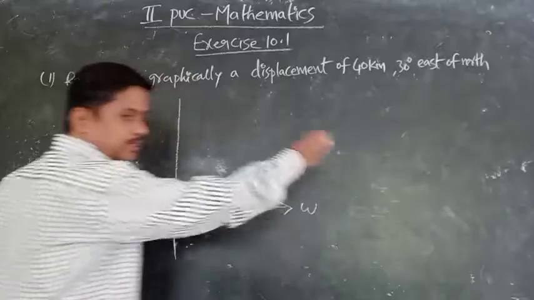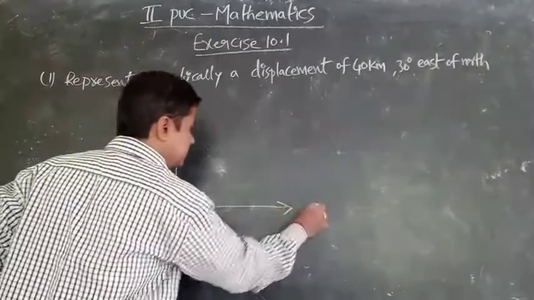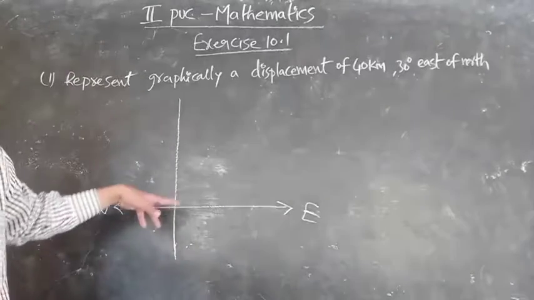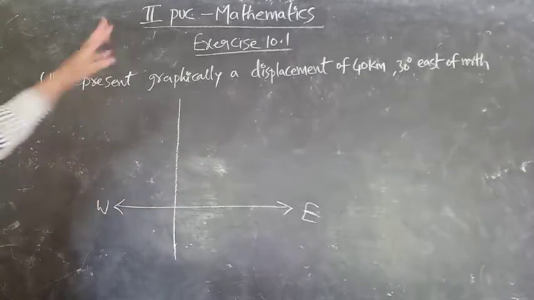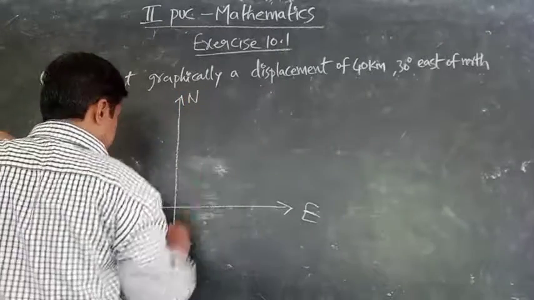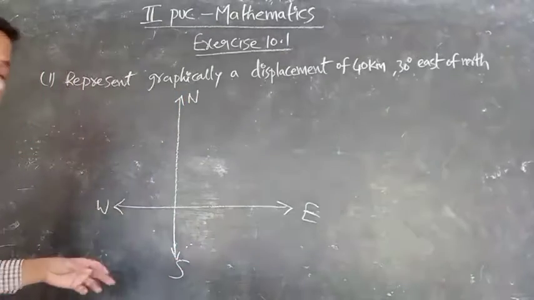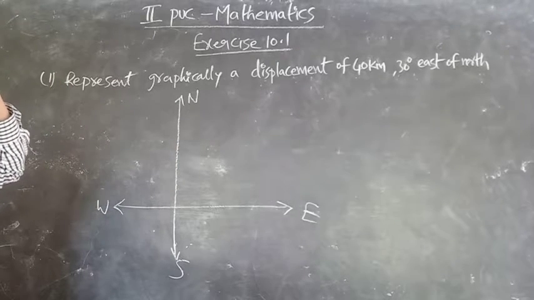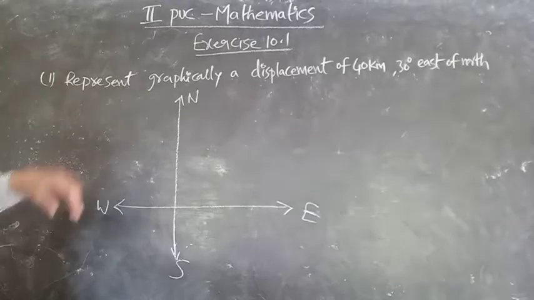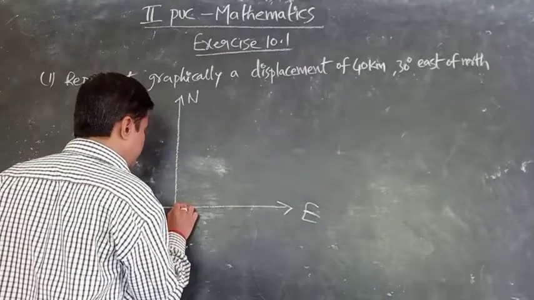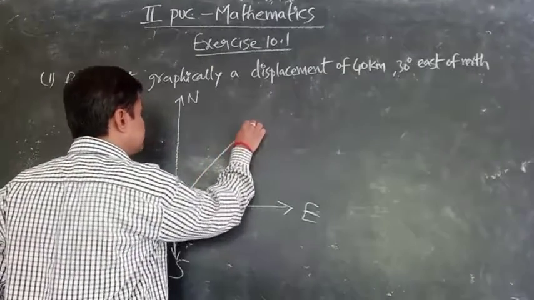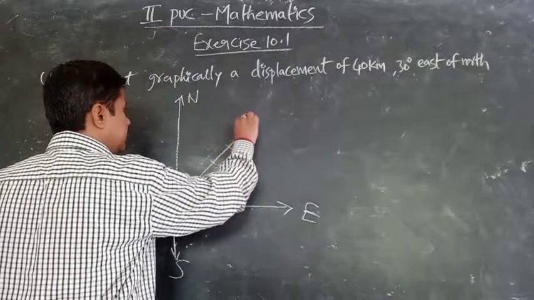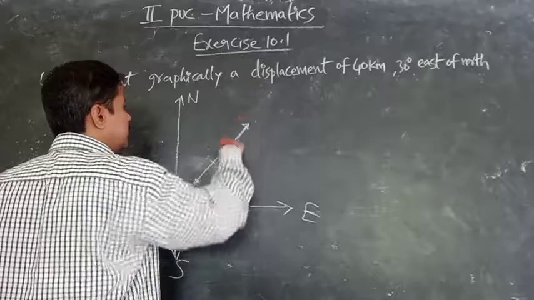East, west, so above is north and this is south. We have to represent the directions. Now taking the origin, from there 40 kilometers: 10, 20, 30, 40 kilometers. Draw an arrow.